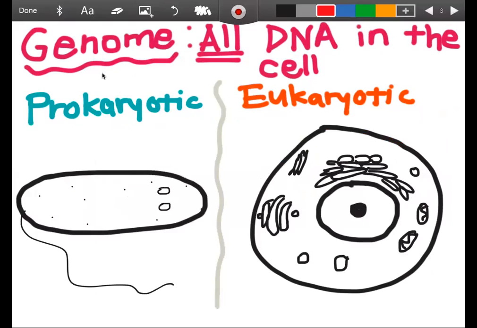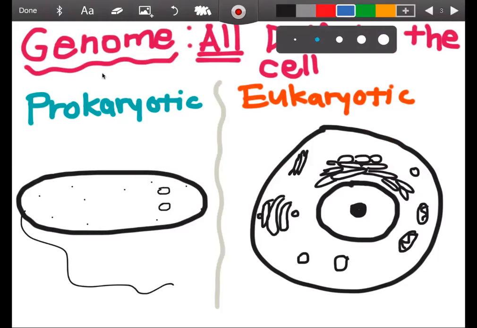So of course, we have our two different types of cells: prokaryotic and eukaryotic cells. Prokaryotic cells, if we remember from the last unit, do not contain a nucleus. So their DNA is in the form of a double-stranded loop of DNA, and there's only a single strand.